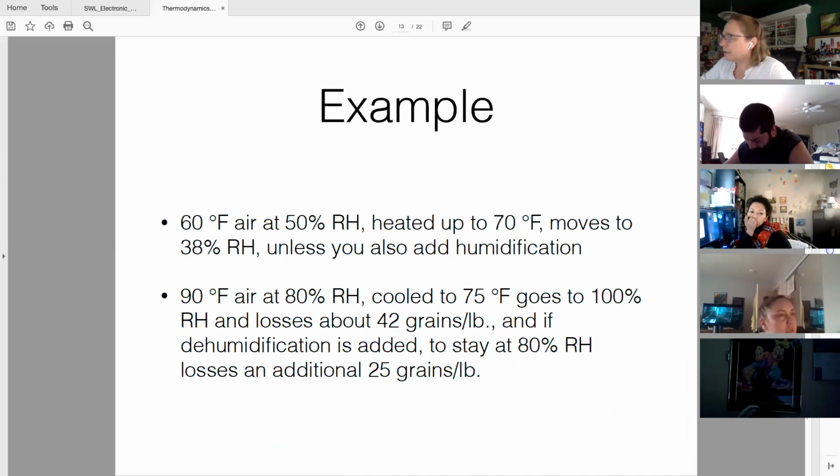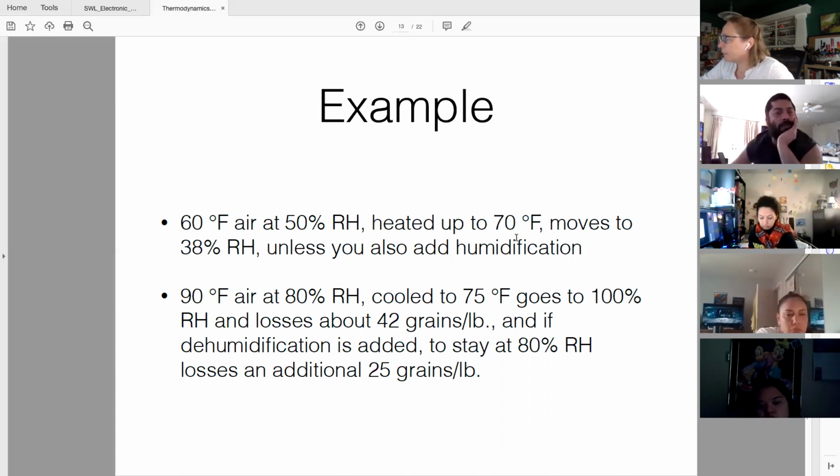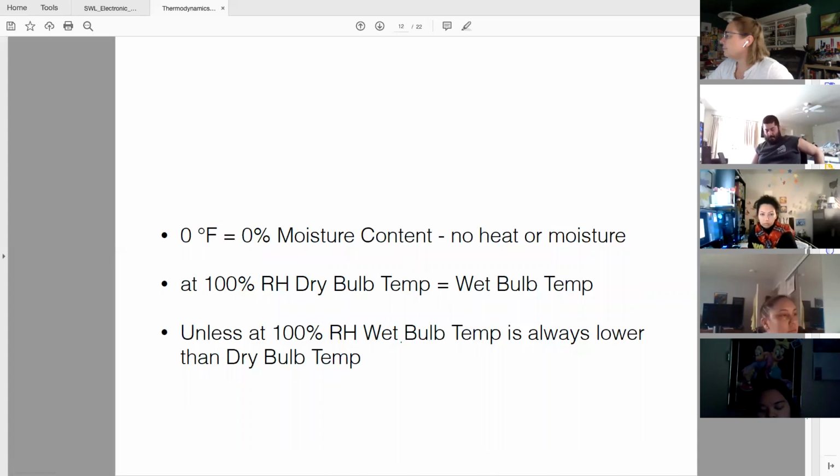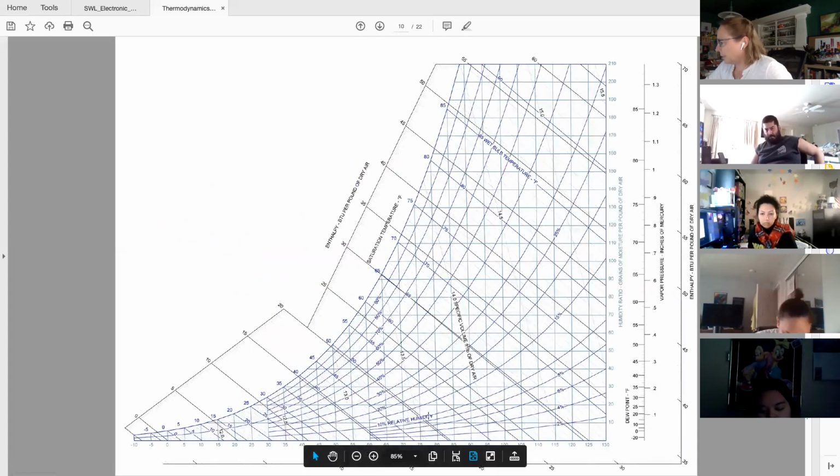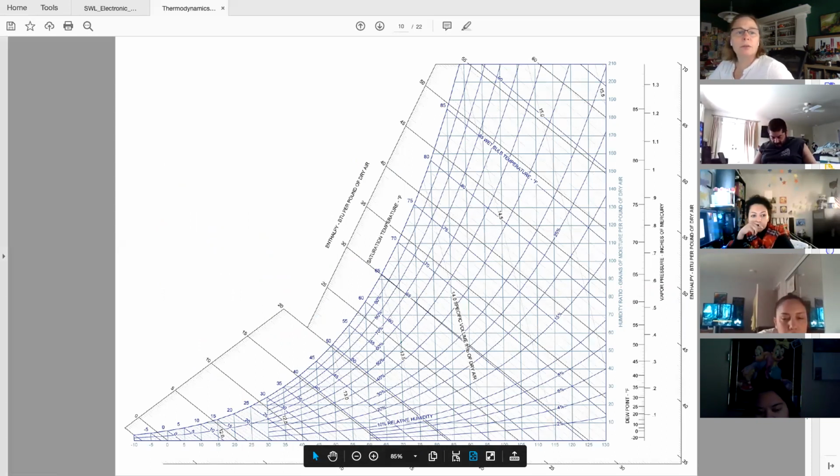60 degrees air, that's dry bulb, at 50% relative humidity. If you heat it 10 degrees and you go up to 70 degrees, let's look at how much that humidity changes. It goes from 50 to 38. So we are at 60 down here. Be a better way to do this.